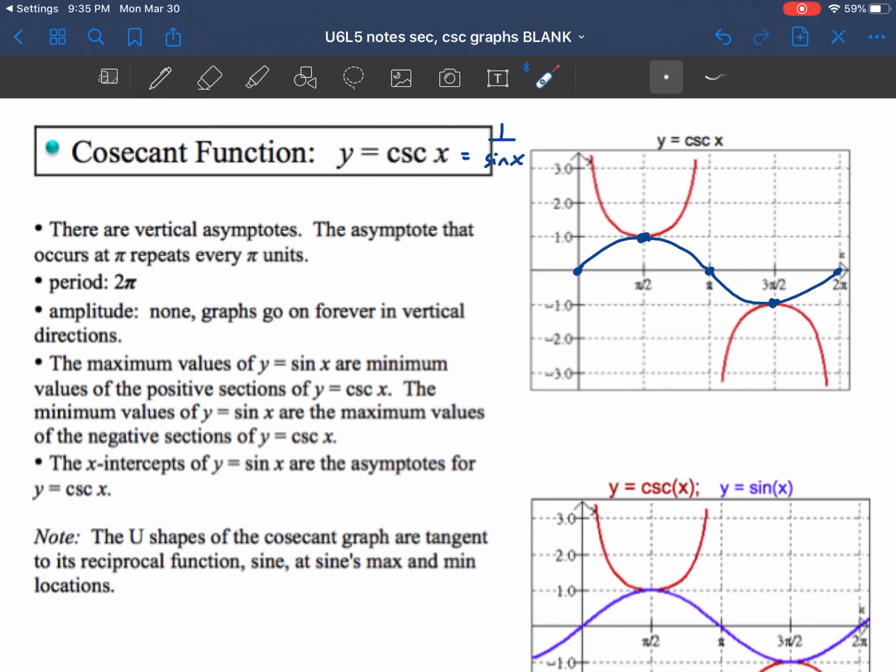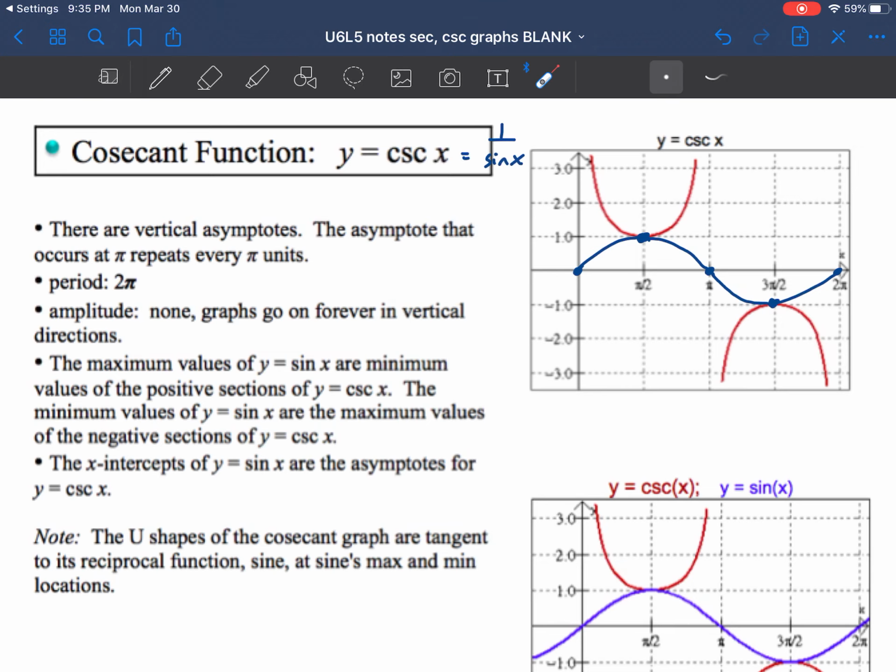Then if we look here, the minimum values of sine x are the maximum values of the negative sections of cosecant. So what does that mean? Well, here's where sine x is a min. That point, right at 3 pi over 2, negative 1, is the max value of the negative parts of cosecant.